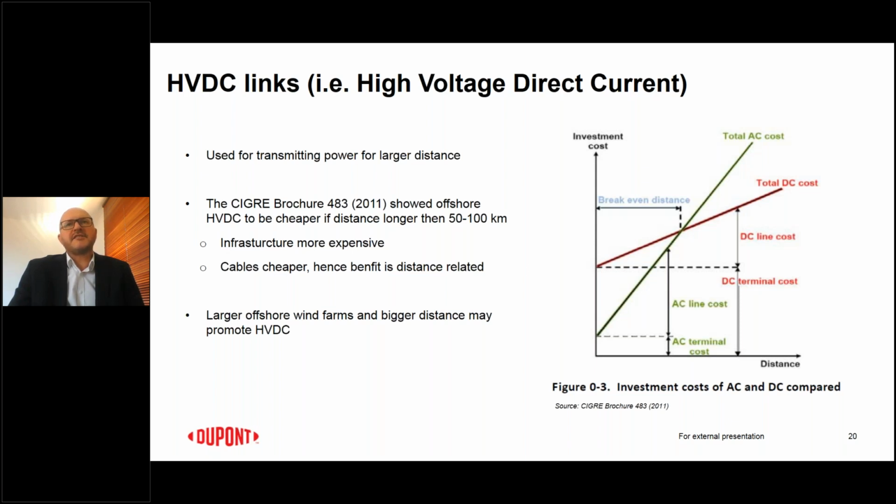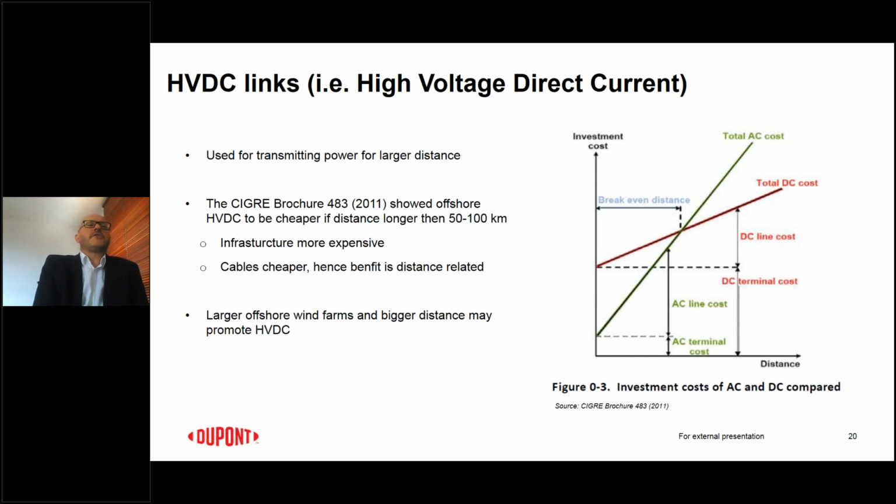With the growing distance, the cost of the cables would be dominant. If we have HVDC, we have a relatively high cost for the HVDC link in terms of the substations, but the cables would be cheaper. So there is a break-even distance. This is considered to be between 50 and 100 kilometers, where the HVDC could be more cost-effective compared to AC systems.